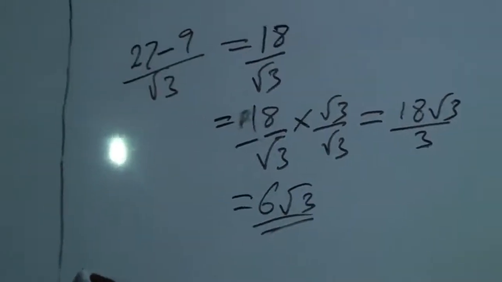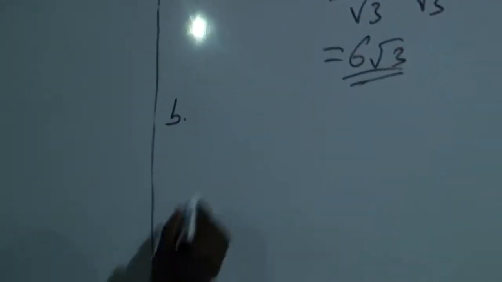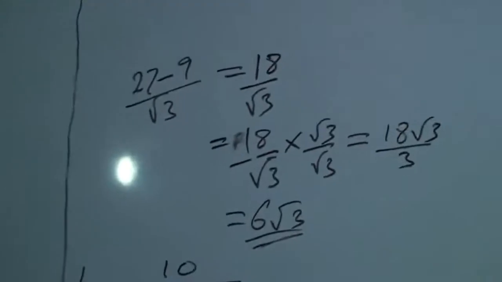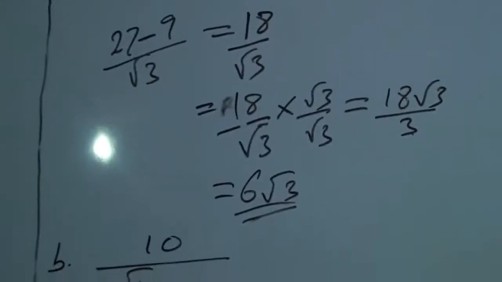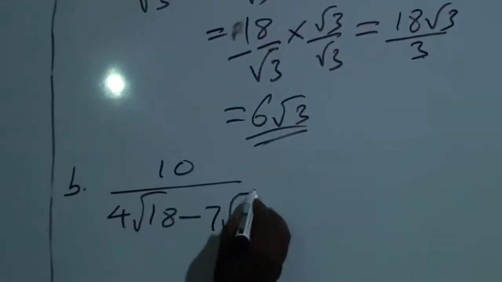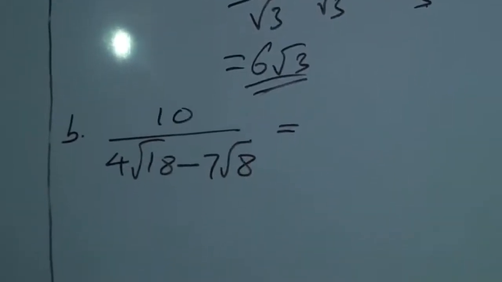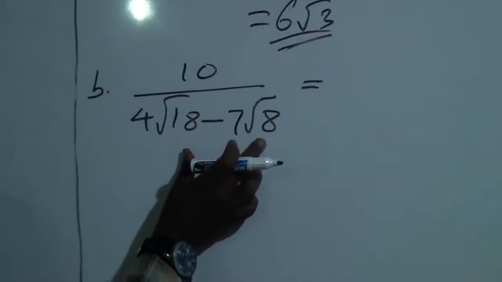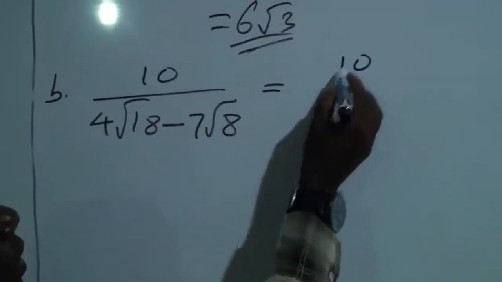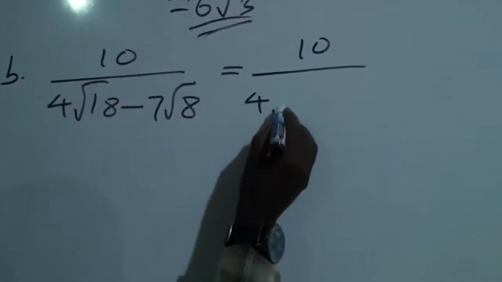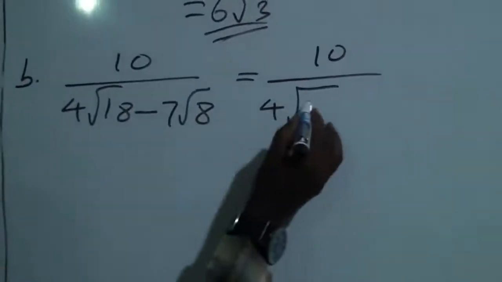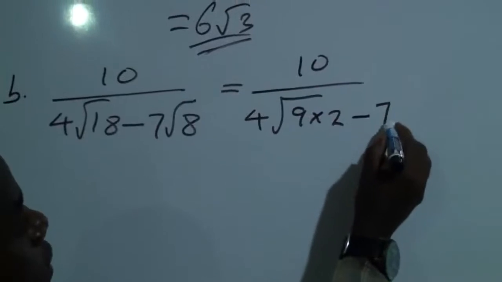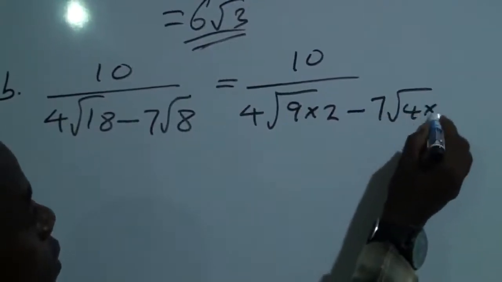Then, the second question here, we have 10 divided by 4√18 − 7√8. The same thing we'll do here. 18 and 8, we'll express them in their basic form, and this will give us 10 all over 4 times √(9 times 2), minus 7 times √(4 times 2).